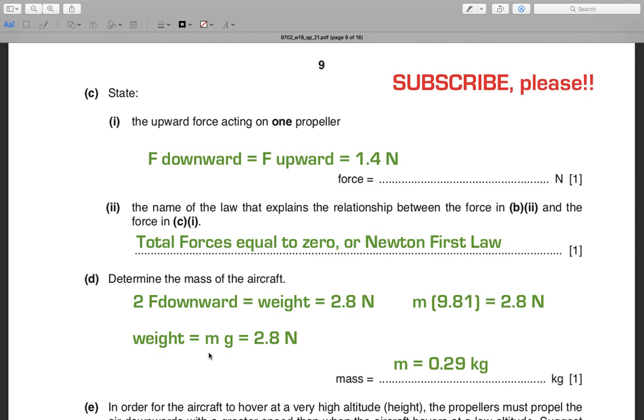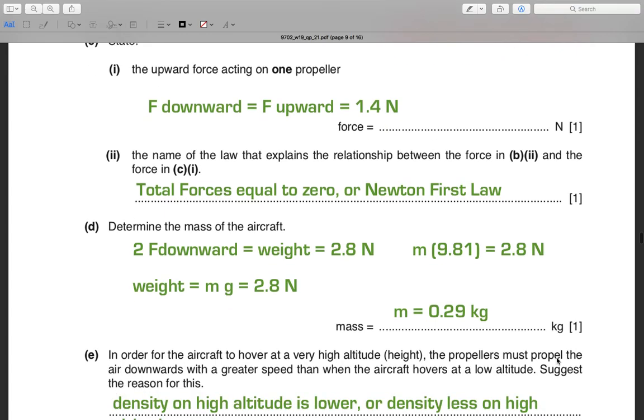Weight equals mass times gravitational acceleration, so mass equals 2.8 divided by 9.81. Yes, we get 0.29 kilograms. Okay, this is the mass of the aircraft.